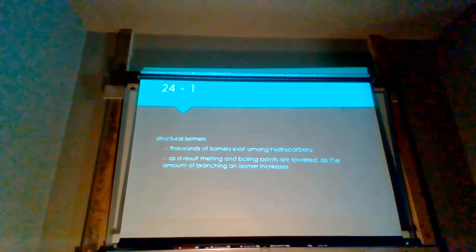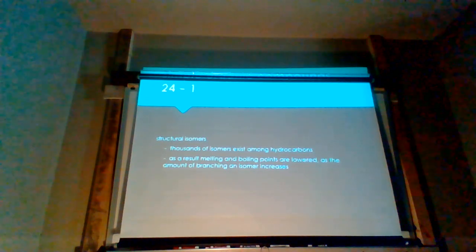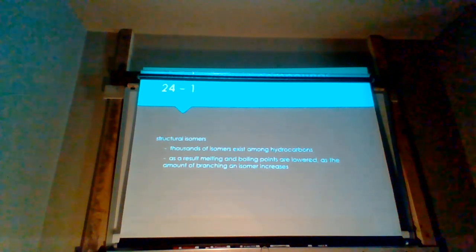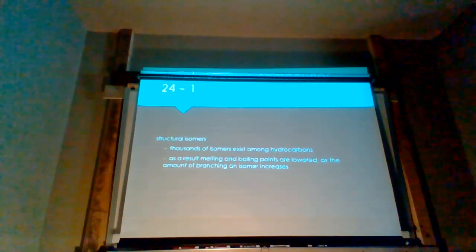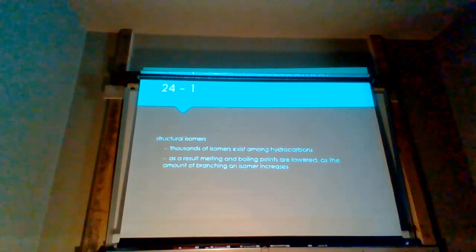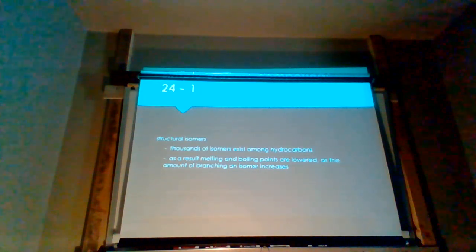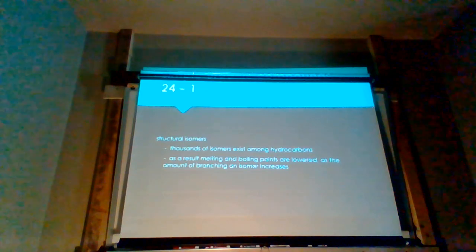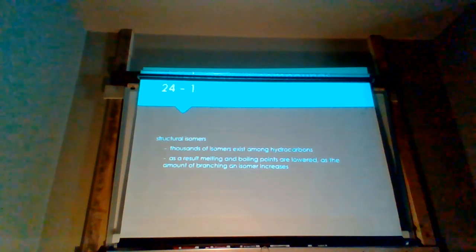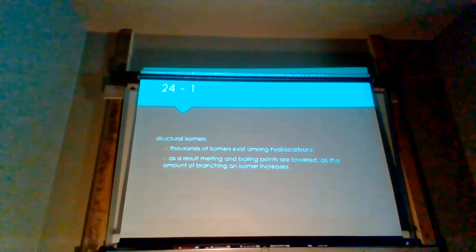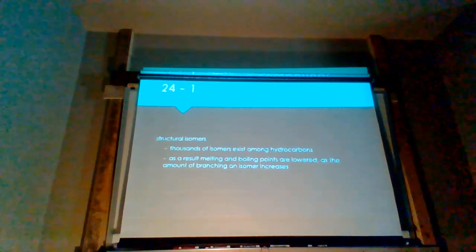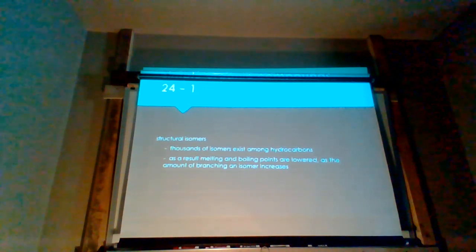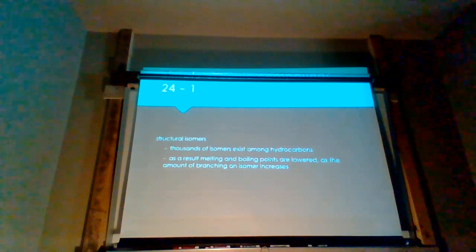So when we're talking about structural isomers, that Sigma Aldrich book that is probably on that little file cabinet in front of the video player, as you can see, says thousands of isomers exist upon these hydrocarbons. And the print in that book is, of course, really small, and I just opened up a page that was on like 2,600.